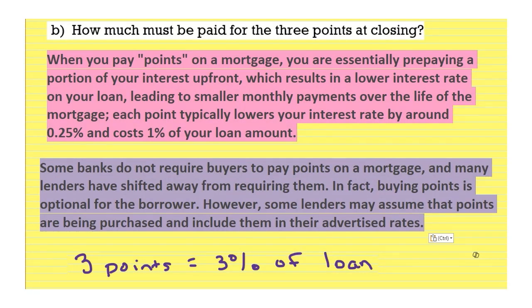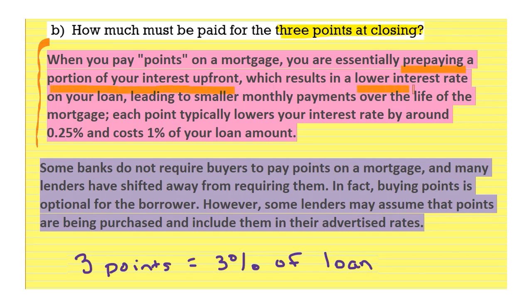The next part of our question focuses on the 3 points that are required to be paid at the closing. So we're going to look at what are points? What is the point of points? And what's some information that we can learn about that? So this says when you pay points on a mortgage, you're essentially prepaying a portion of your interest up front.